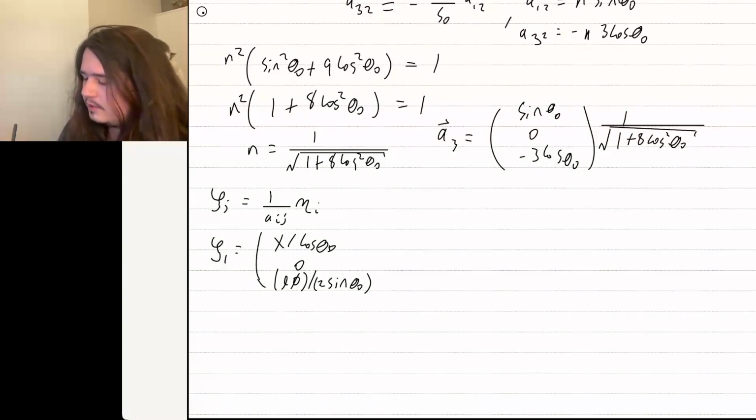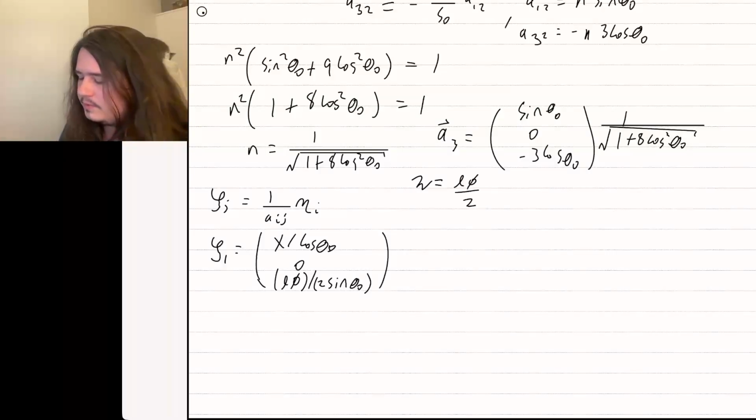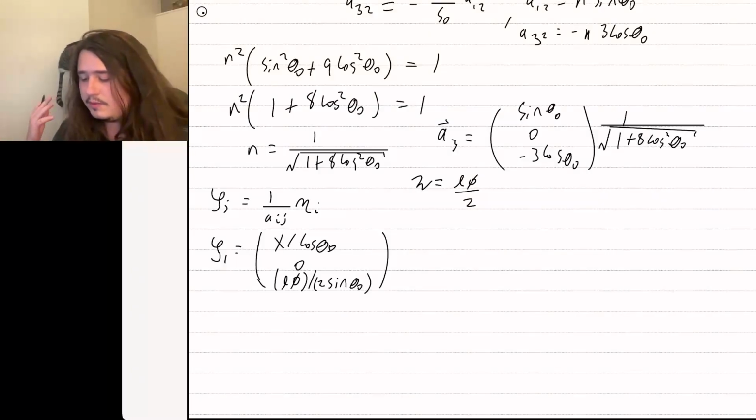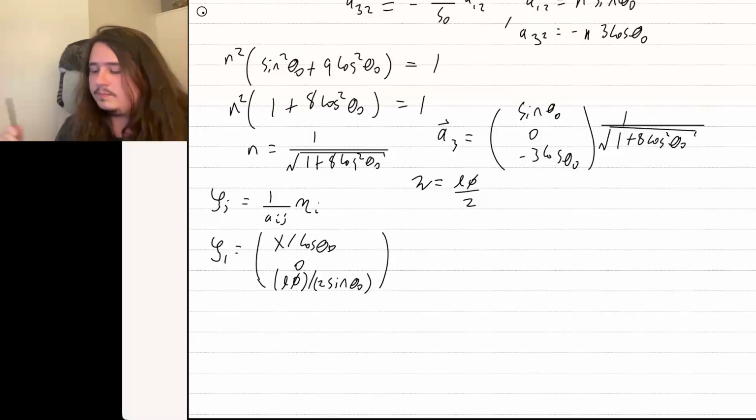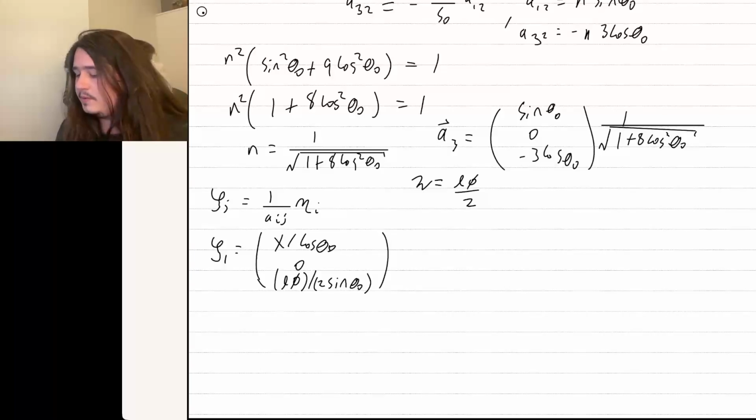The 2 we picked up because, again, we defined our third generalized coordinate to be L phi over 2. So that's just the third element of our first eigenvector inverted and then multiplied by our third generalized coordinate, so L phi over 2. So it's that.